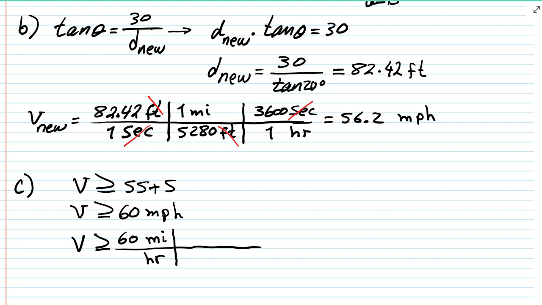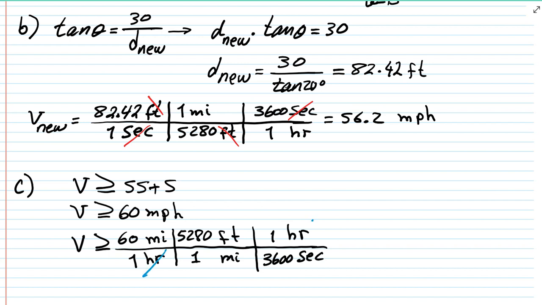So remember, same units go on opposite sides of the fraction line. This time I do 5280 feet per mile. The miles this way get crossed out, and I have 1 hour. I have hour in the bottom, so I'm going to put hour in the numerator, and to each hour there are 3,600 seconds. So this would be the conversion factor.